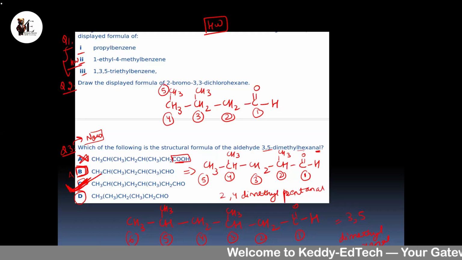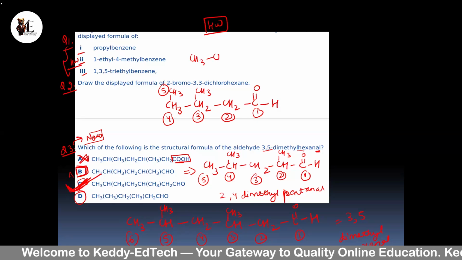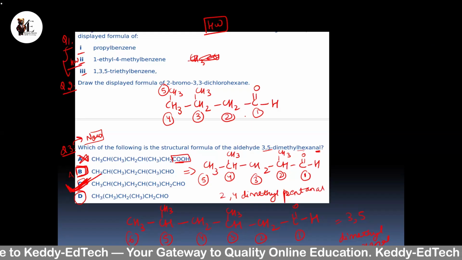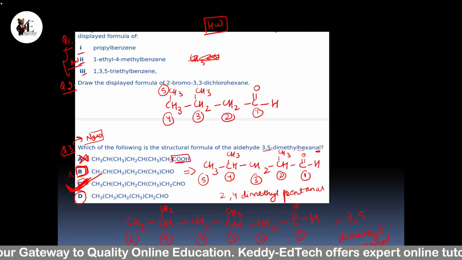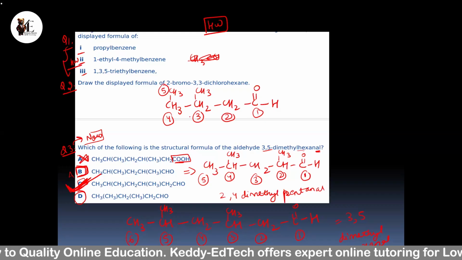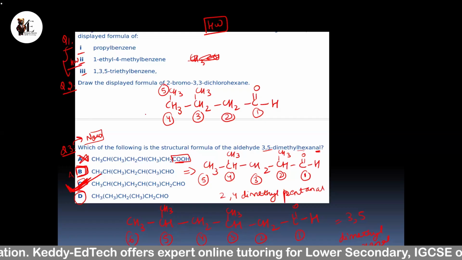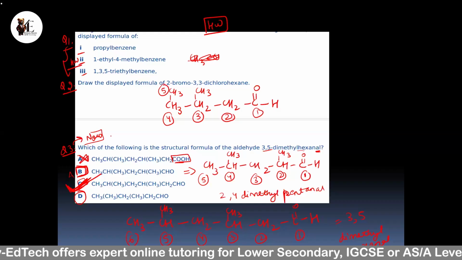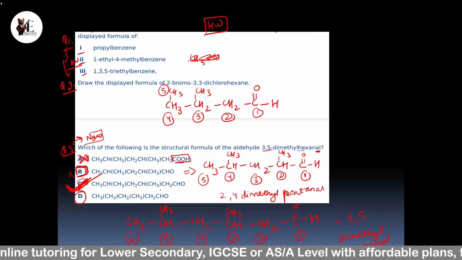It is one and the same thing if you make it like this or you make it like this. You have to select the first rule is that you have to select the longest carbon chain. What is the longest carbon chain here? 1, 2, 3, 4, and 5, right? Yes. Okay, so what should be the name of this compound?